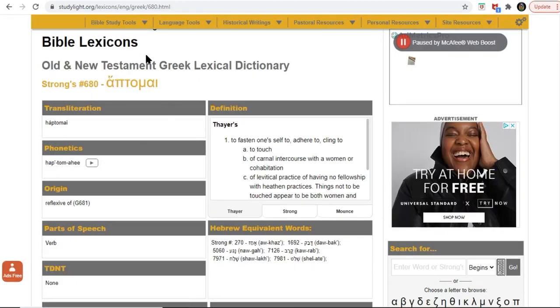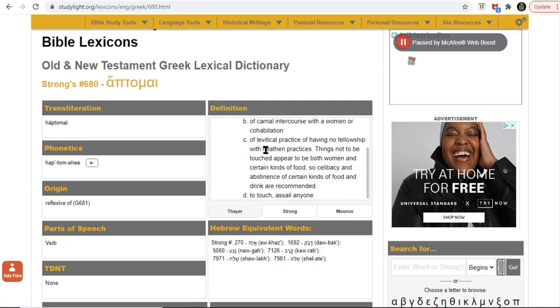And Bible lexicon seems to think this is connected to the word aptume, meaning to fasten oneself to, adhere to, cling to, to touch, of carnal intercourse with a woman or cohabitation, of Levitical practice of having no fellowship with heathen practices.